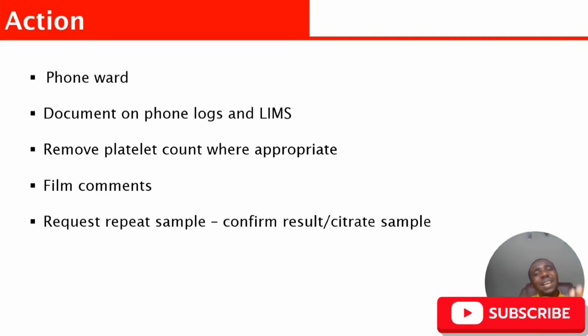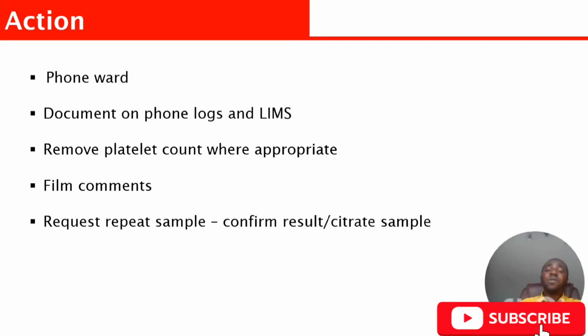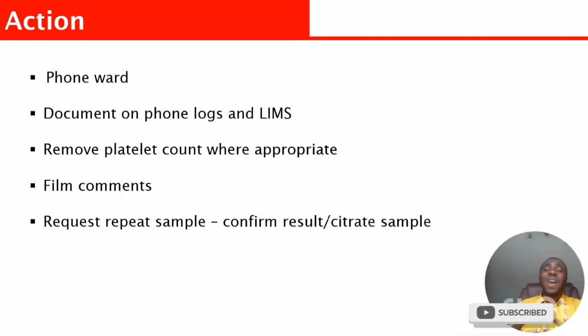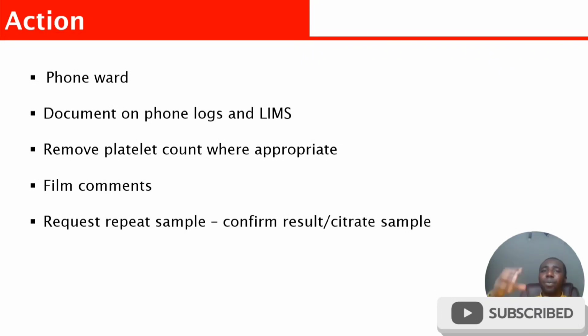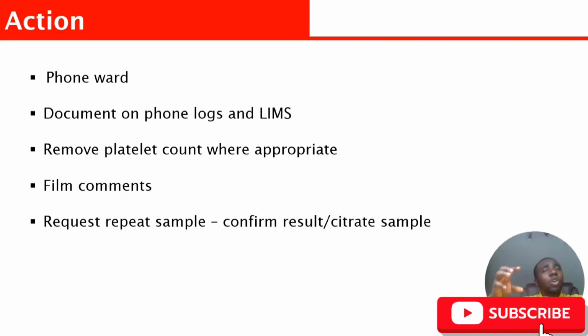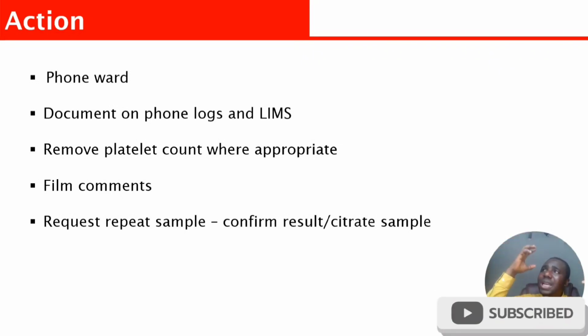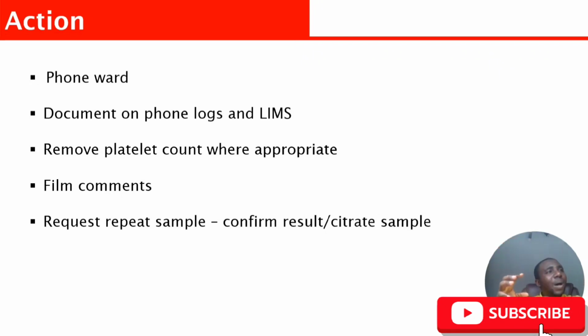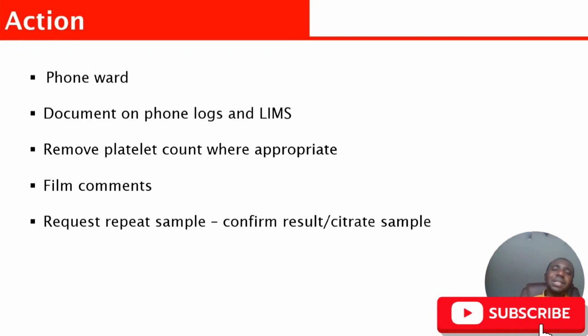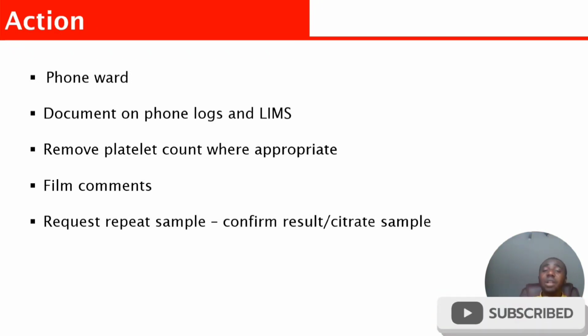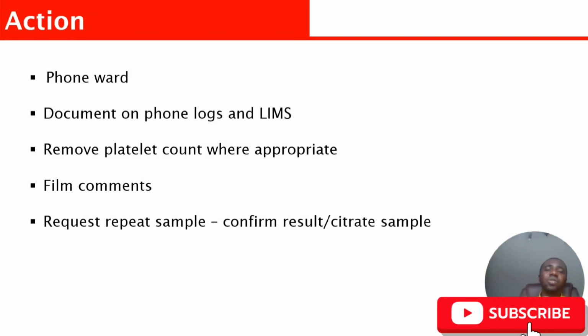This is because a citrate sample can help to prevent platelet clumping where possible. So you run a full blood count on the citrate sample, and a full blood count on the EDTA, but you take all the parameters from the EDTA apart from the platelet. The platelet count on the citrate is what you're going to use to replace that of the EDTA.